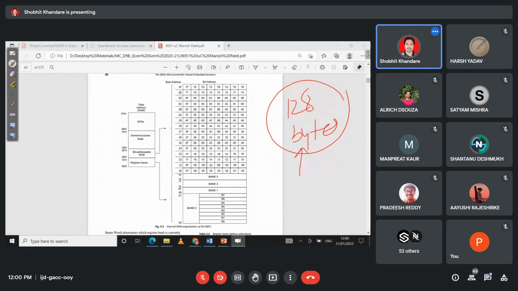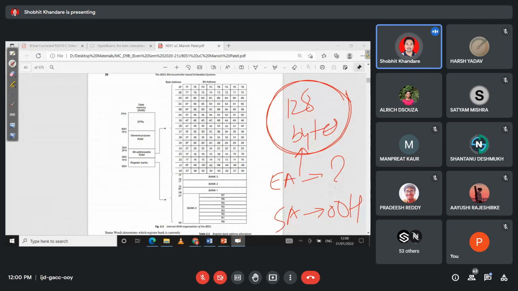Again, I am repeating. You have told me that your internal RAM is of 128 bytes. Then tell me the starting address and the ending address. I can say the starting address is 00H. Now you have to tell me the ending address.